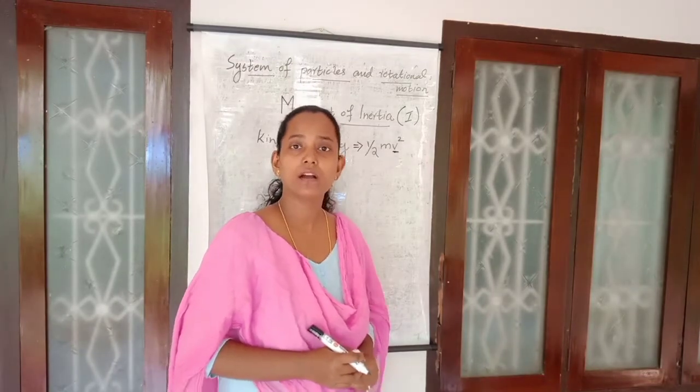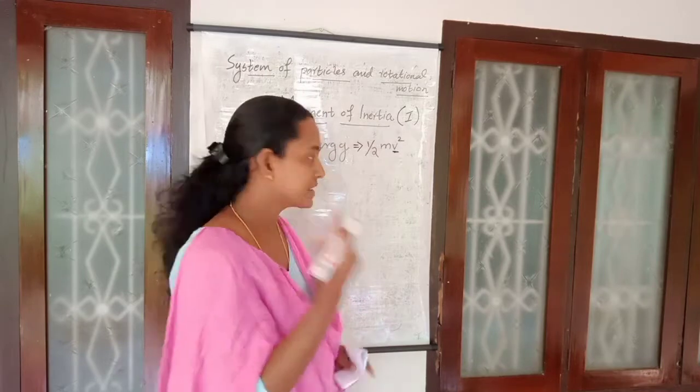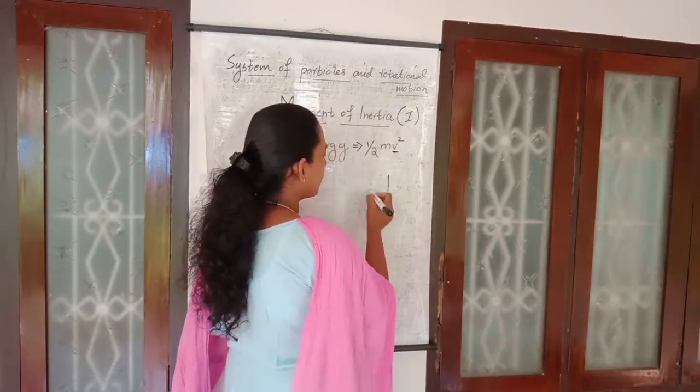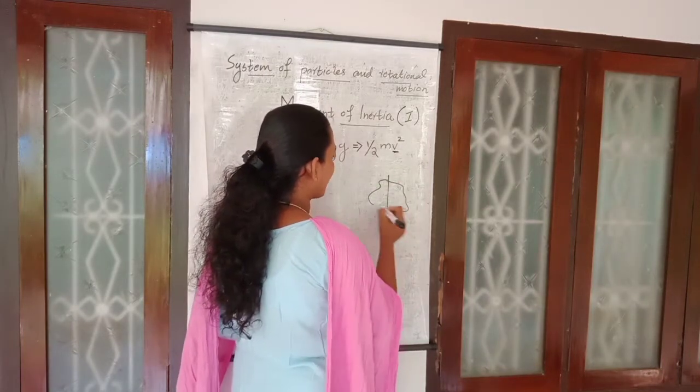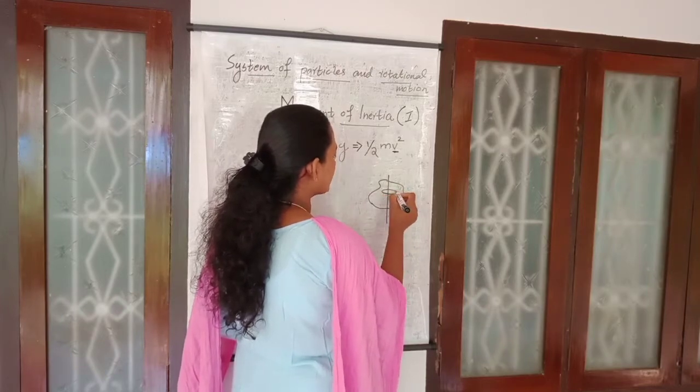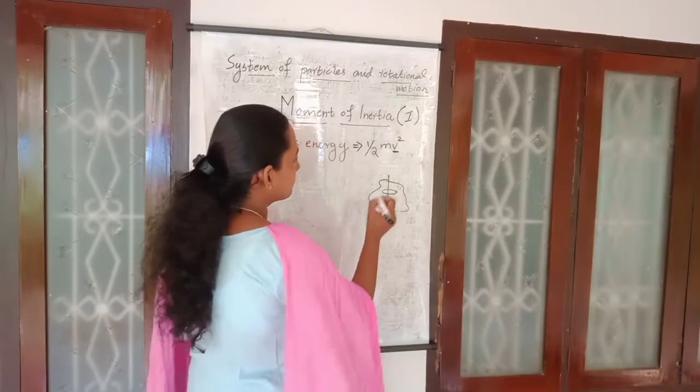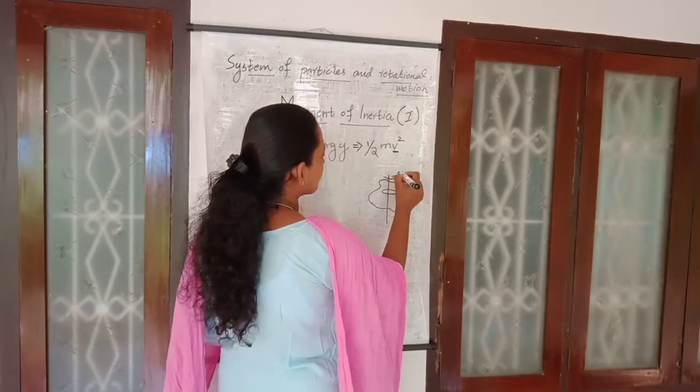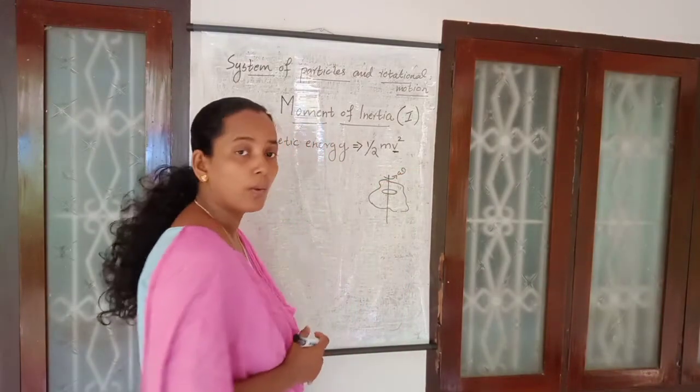But whenever we consider a rigid body rotating about a fixed axis, all the particles in this body follow a circular path, and the body rotates about a fixed axis with an angular velocity omega.